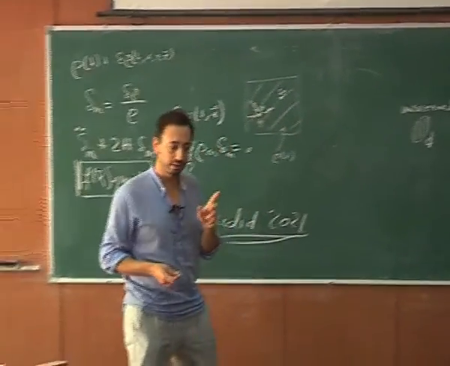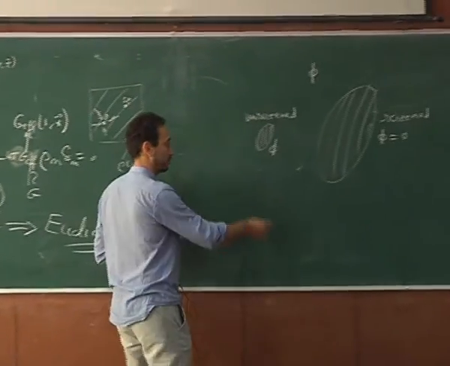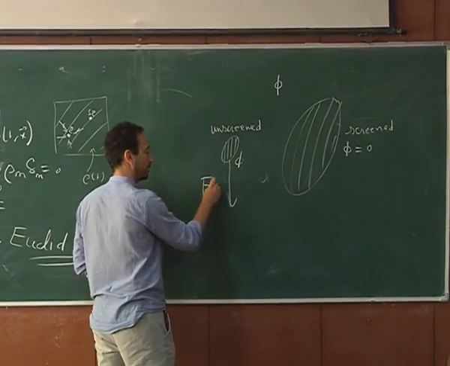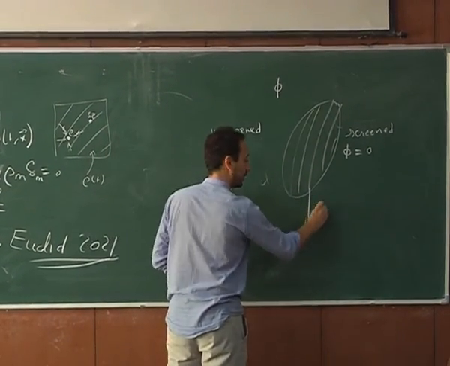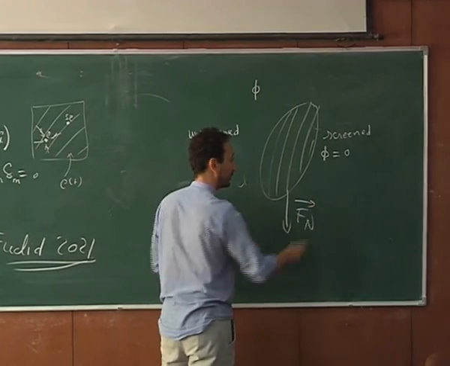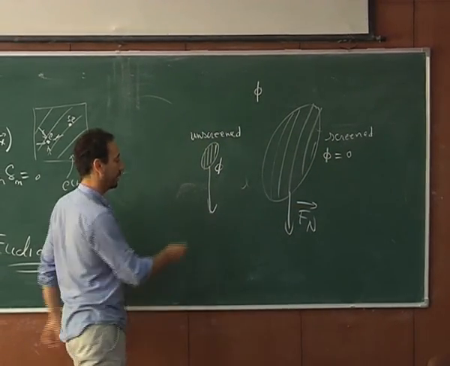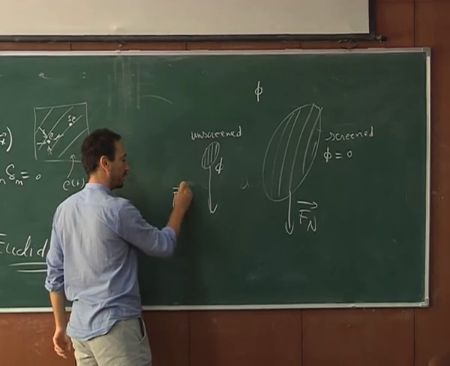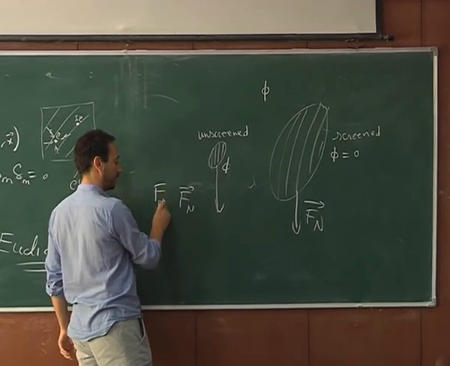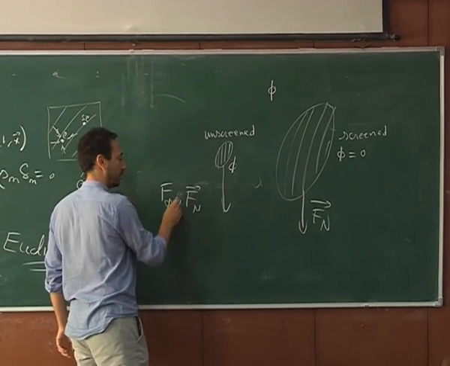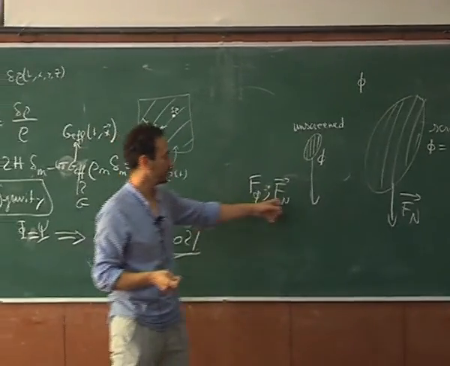So the large galaxy follows just the Newton force because there is no scalar field. But here, there is a scalar field, so you have the Newtonian force, and you also have the force associated with the scalar field.